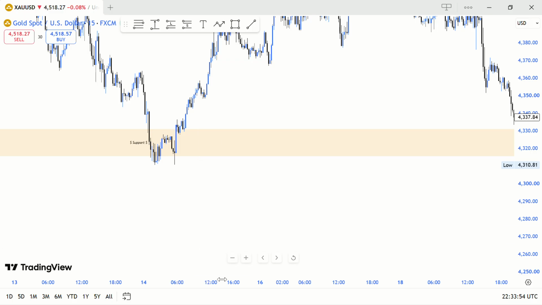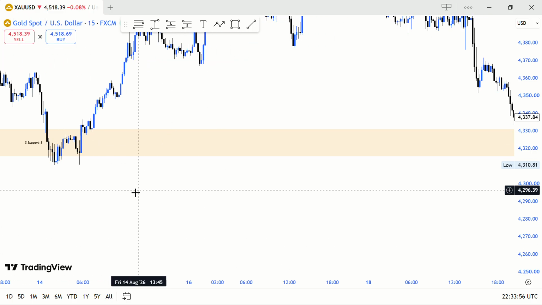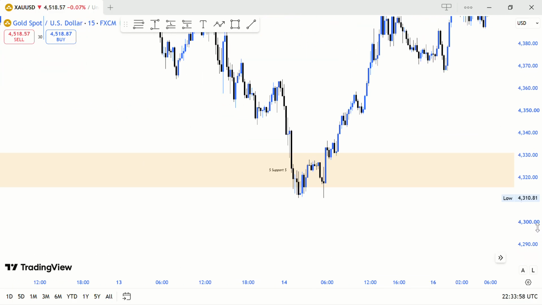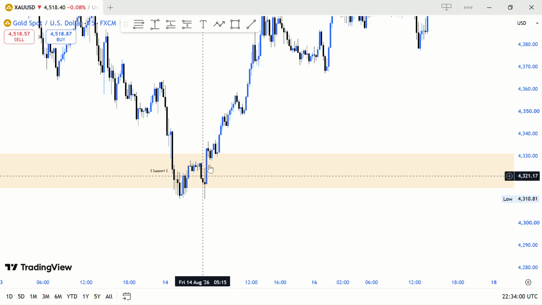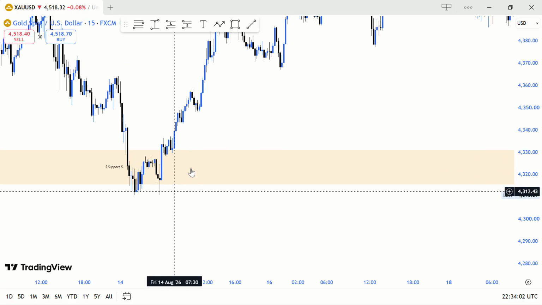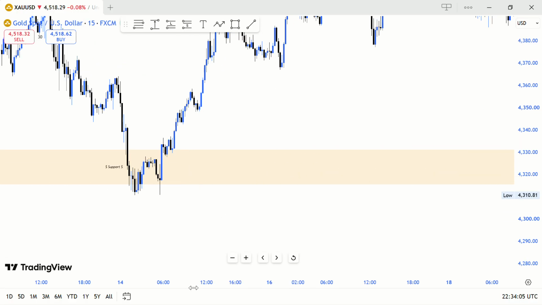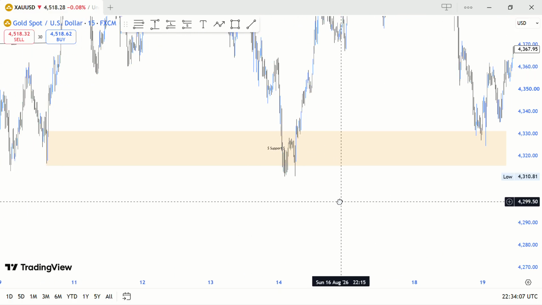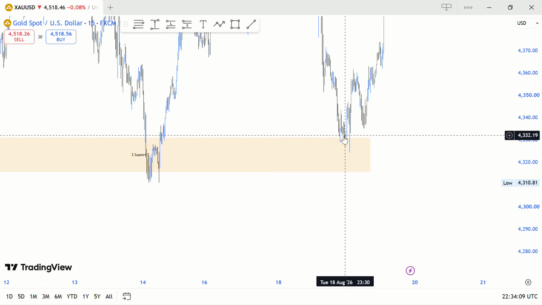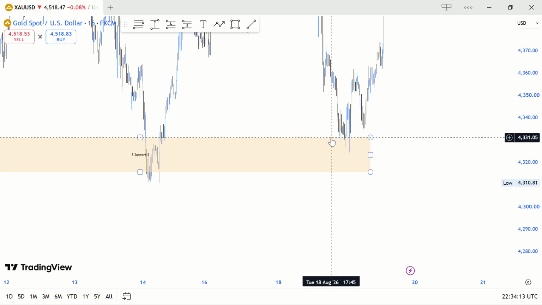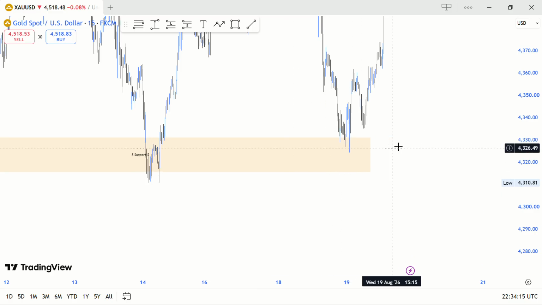I hope you can see my screen. I would have entered from here, from the beginning of this rectangle support level.